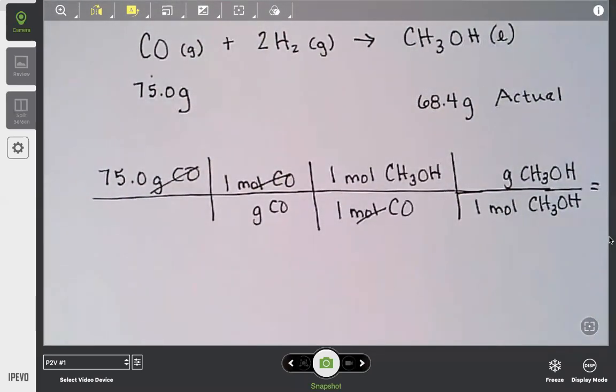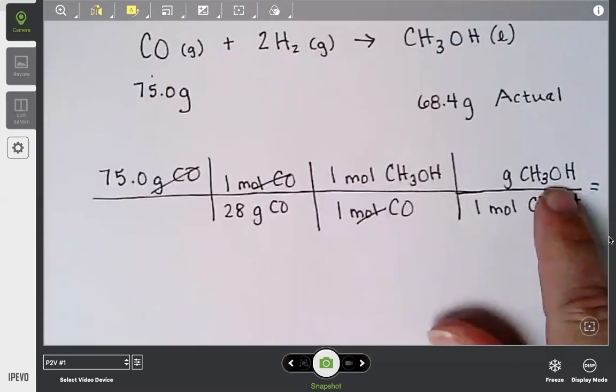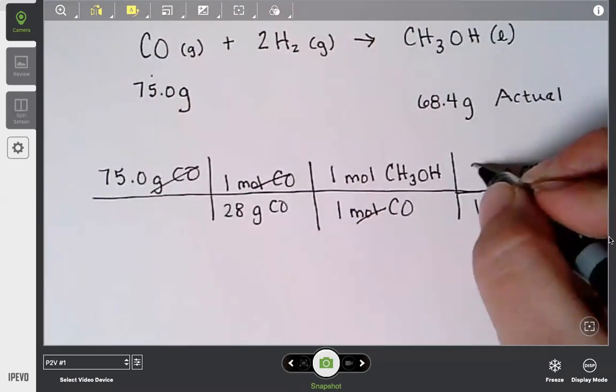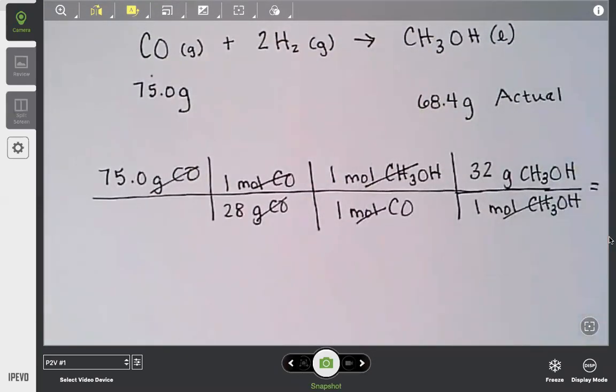I need grams of carbon monoxide. Carbon is 12, oxygen is 16, giving me a mass of 28. And then I need to find my mass of methanol. So I have 1 carbon, which is 12, 4 hydrogen, so that'd be 4, and 1 oxygen, 16. So that's 12 plus 4 plus 16, giving me a molar mass of 32.